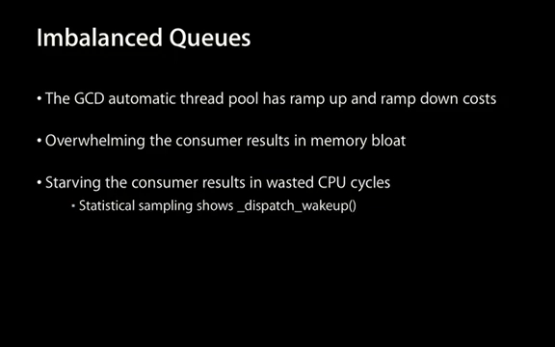And that's a ramp up and a ramp down. And with the consumer being very fast or the producer being very slow, that can be inefficient. One way to look for this, and perhaps see it, is a lot of statistical samples with sampling or Shark showing calls to dispatch wake up. This is our kind of please ramp up logic.